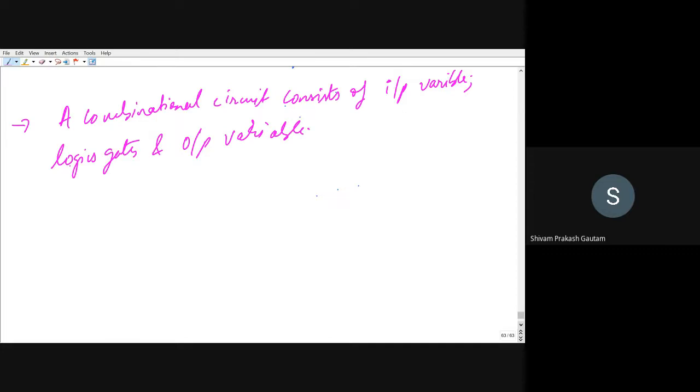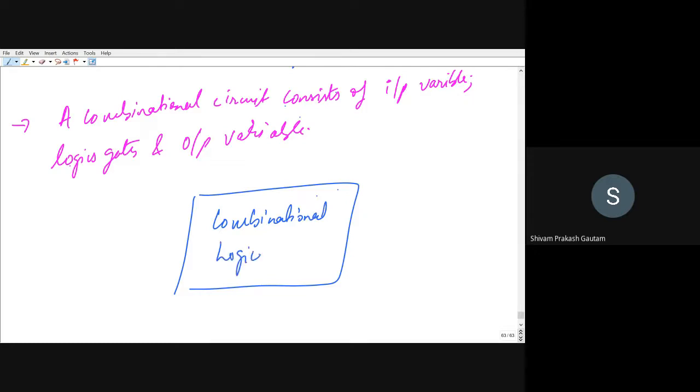Okay, so from a block diagram point of view, combinational logic. Here we have some logic gates, and we have some inputs. Let us suppose we have n input variables.